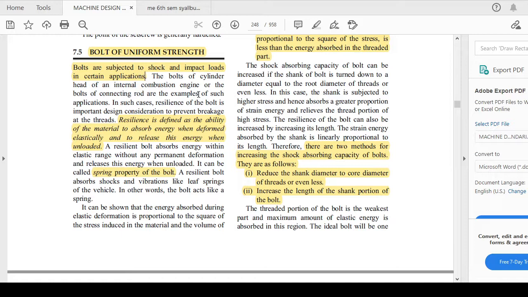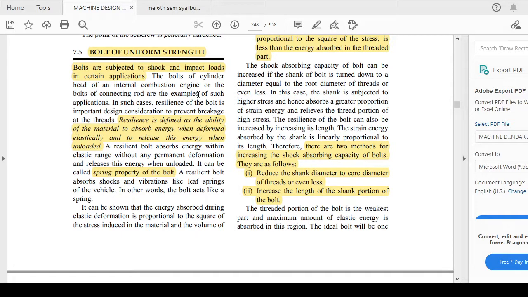What is resilience? Resilience is defined as the ability of the material to absorb energy when deformed elastically and to release this energy when unloaded. This is also called spring property. A resilient bolt absorbs energy within the elastic range and, without any permanent deformation, releases this energy when unloaded.